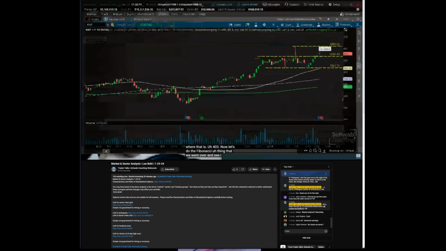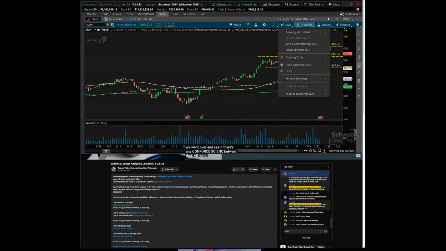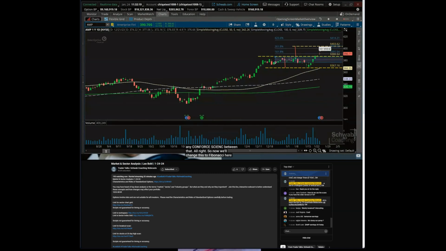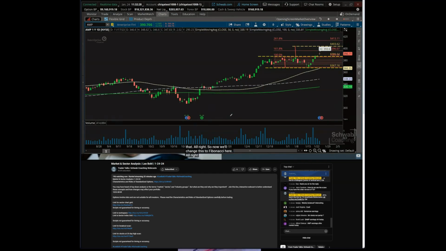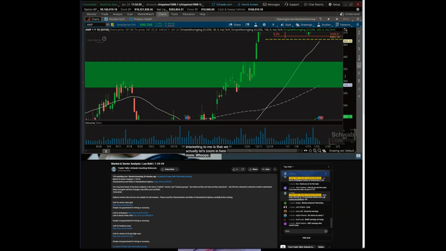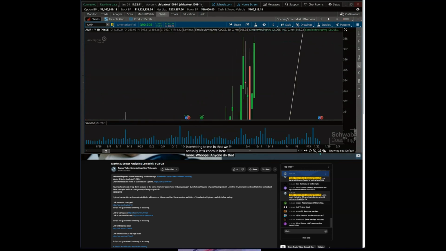So now we'll change this to Fibonacci's here. Kind of interesting to me is that we actually, let's zoom in here more.